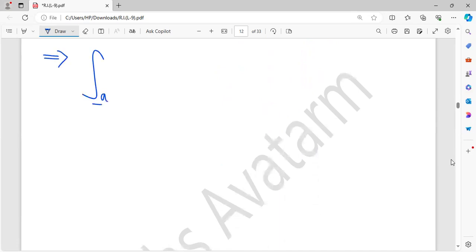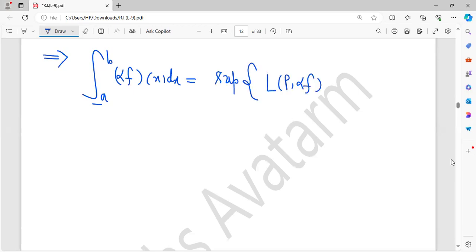So this implies the lower integral is equal to the supremum of L(P, alpha f), where P is a partition of the closed interval [a, b].